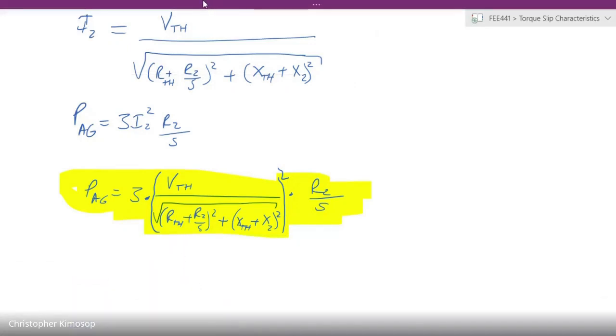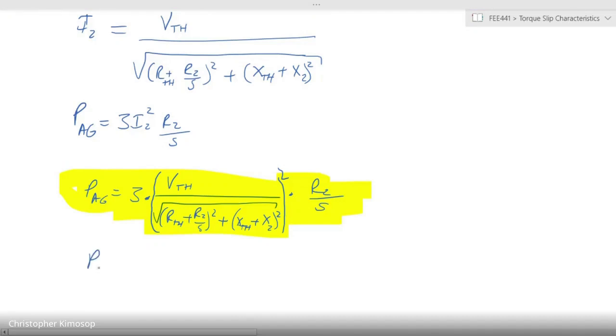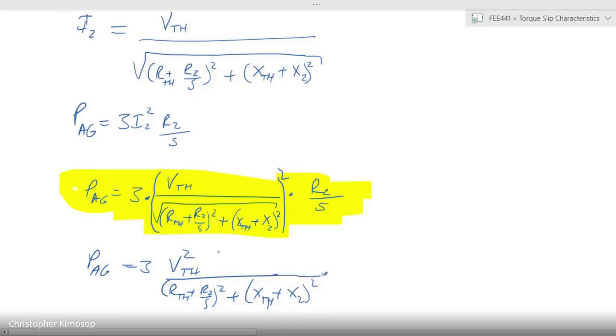Let's square it. So this now becomes P_AG equals 3 times V Thevenin squared over, so if we square it, we remove the square root sign there, so it becomes (R Thevenin plus R2 over S) squared plus (X Thevenin plus X2) squared, times R2 over S. All of this can be brought up there.